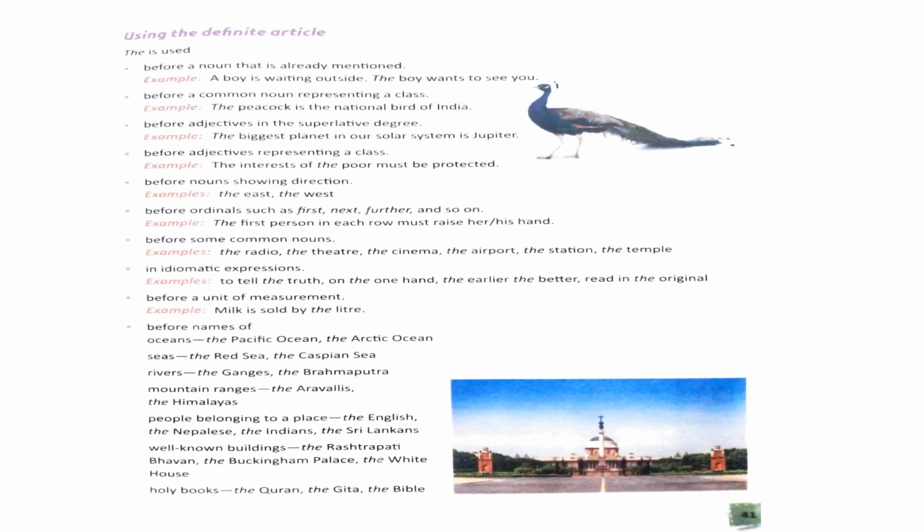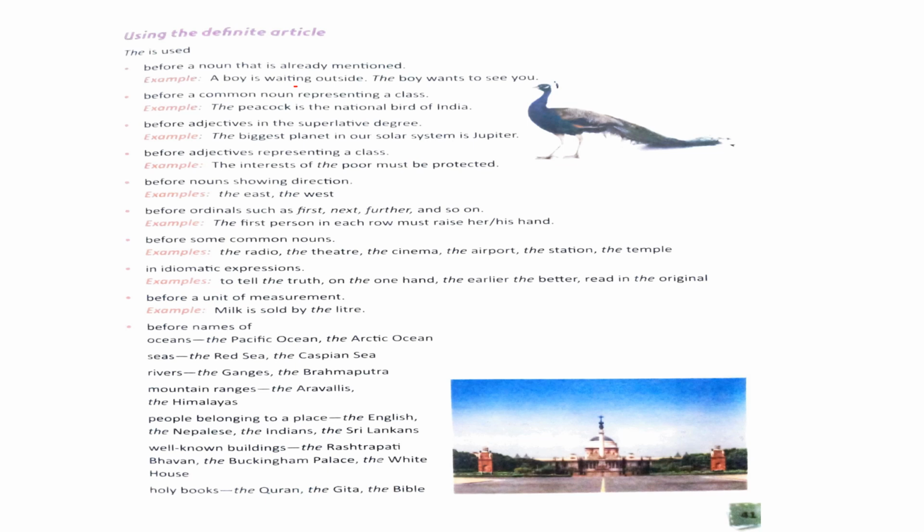Now let's see some more points of where we can use the article the. It can be used before a noun that is already mentioned. Suppose you're writing a passage or you have written a sentence before and you have mentioned that noun before. When you mention that noun again, you use the article the. Let's see an example for this. "A boy is waiting outside.